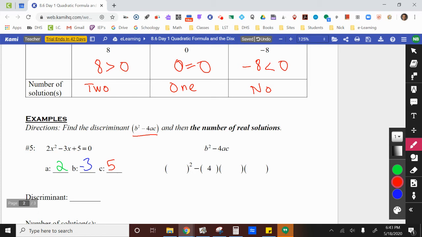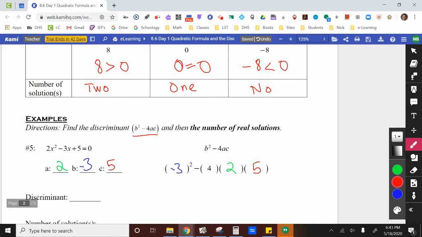Now I'm going to plug in my a, b, and c in the correct spot to find my discriminant, b squared minus 4 times a times c. My b value goes here, so this is going to be negative 3 squared minus 4 times a times c.